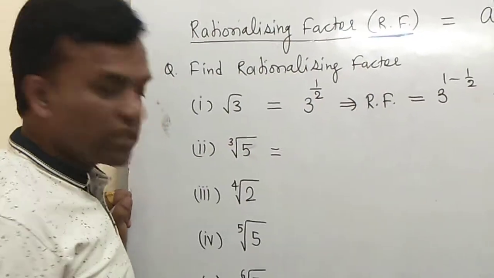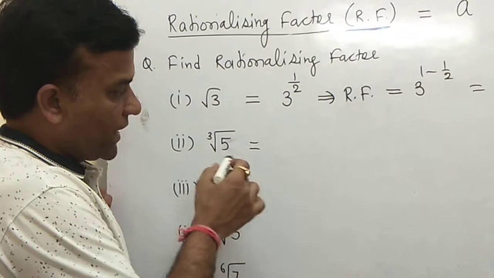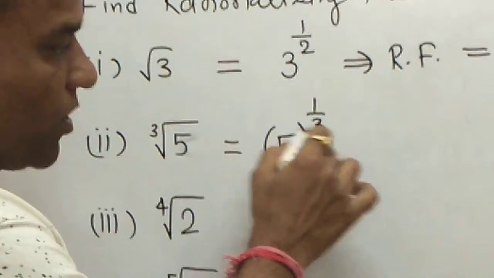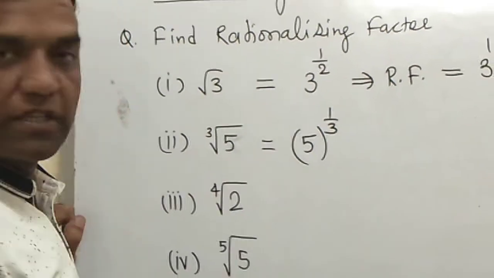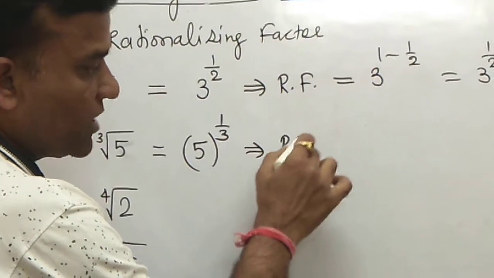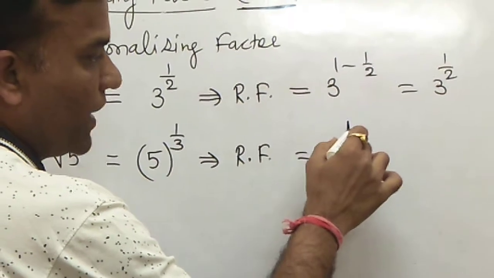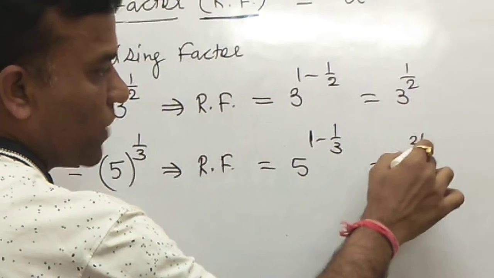But some more questions are related to different powers. In the second question you have 5 with power 1 by 3, because the root is a cube root. You convert into exponential form, its power is 1 by 3. Now to find its rationalizing factor, it is 5 to the power 1 minus 1 by 3, which is 5 to the power 2 by 3.